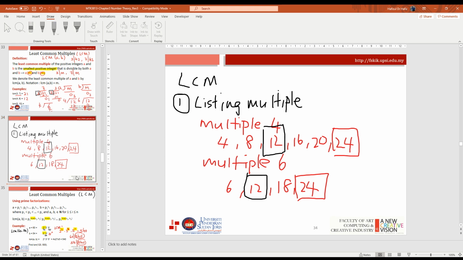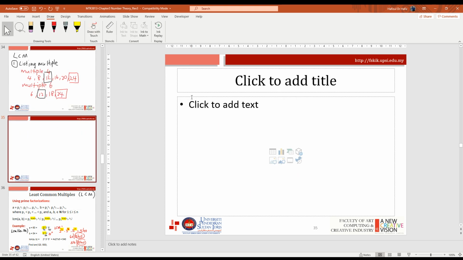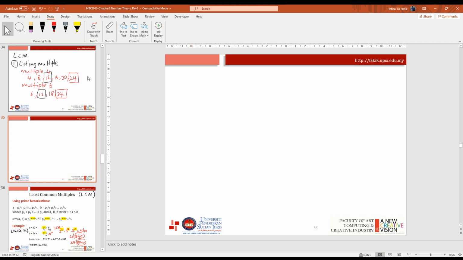And then secondly, the second way is by using prime factorization.